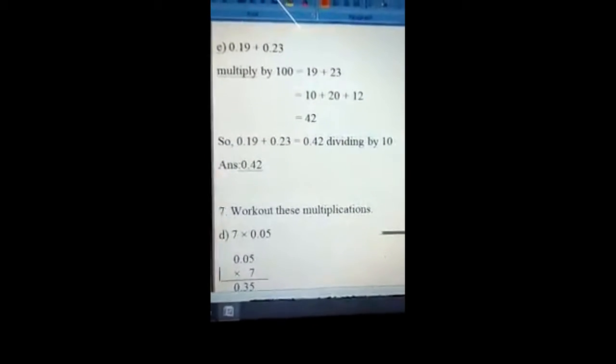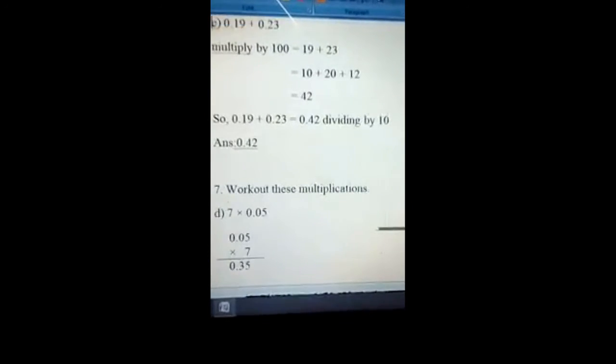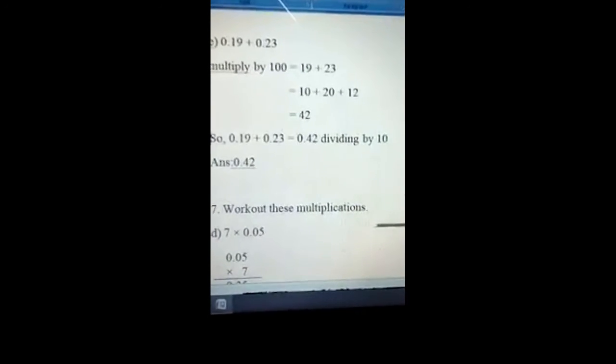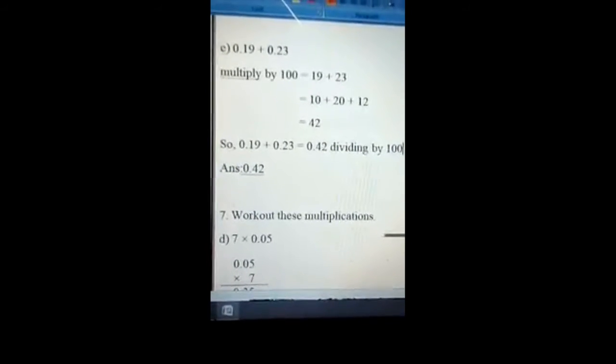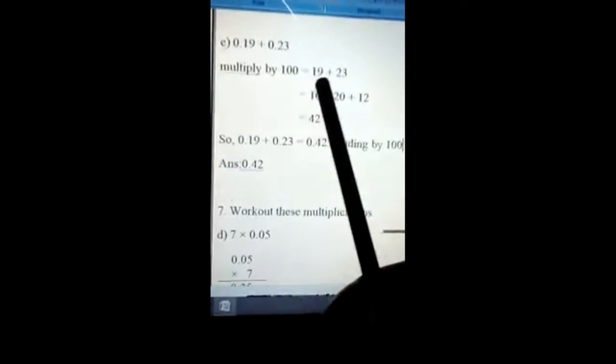Multiply with 100 is equals to 19 plus 23. Yeah, it will be like this.